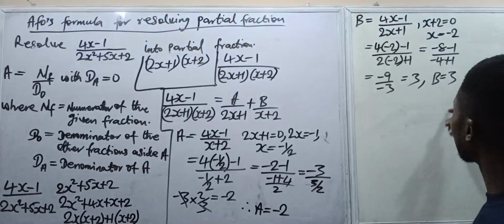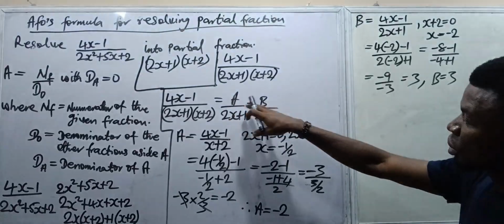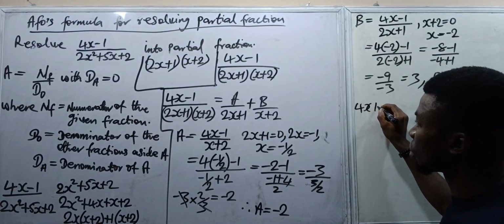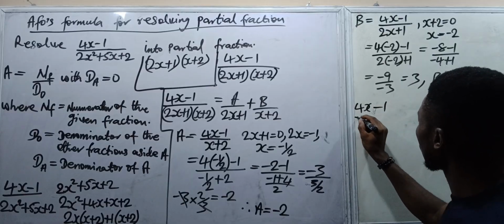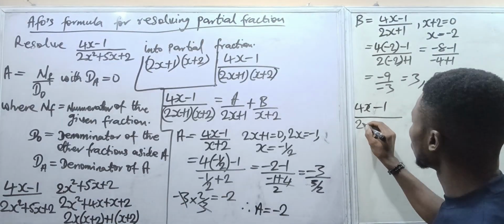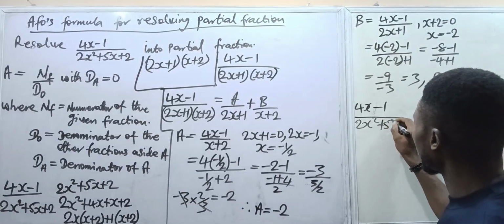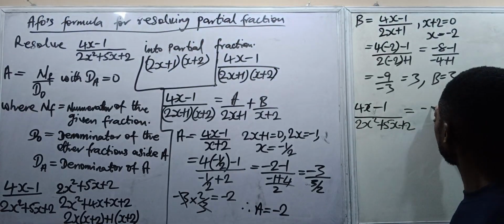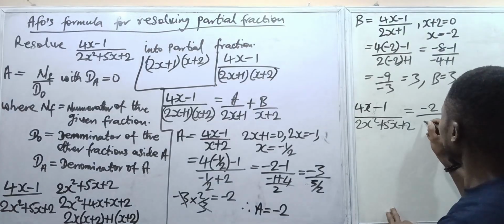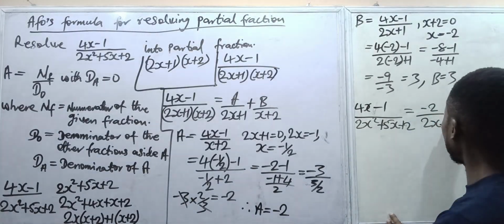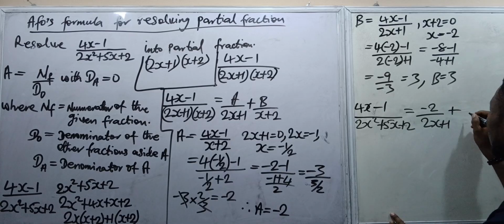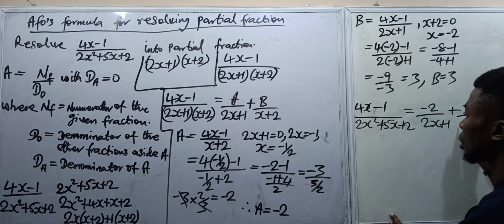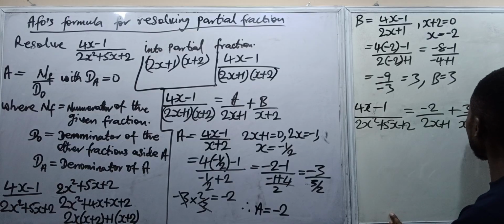This is A and this is B. It's now time to put them in their places. So we have 4x minus 1 all over 2x squared plus 5x plus 2 is equal to A, which is minus 2 over 2x plus 1, and then B, which is 3 over x plus 2.